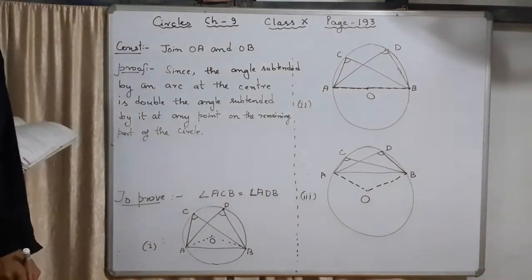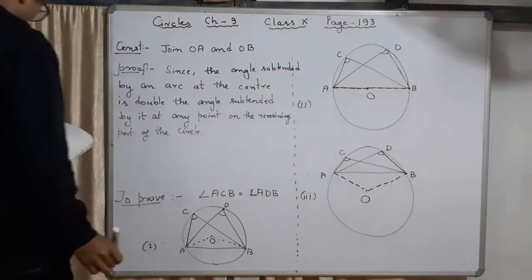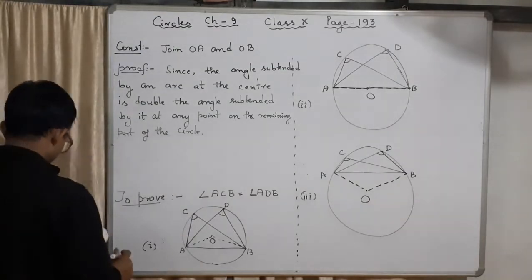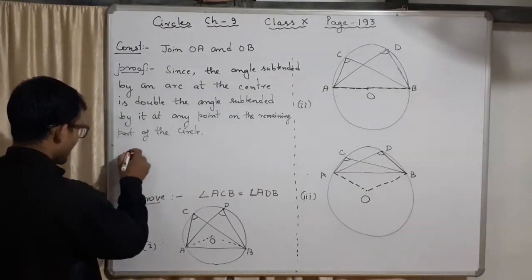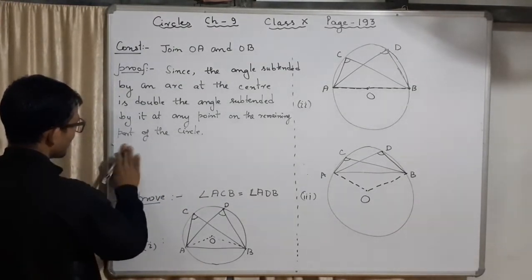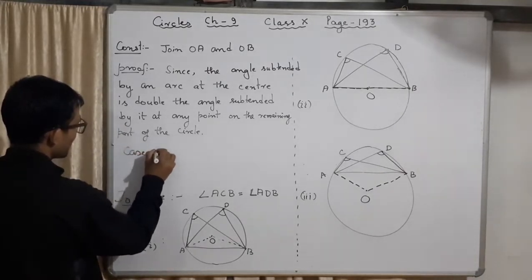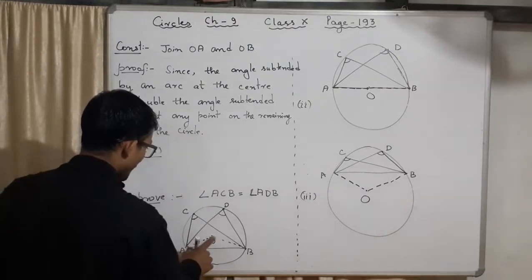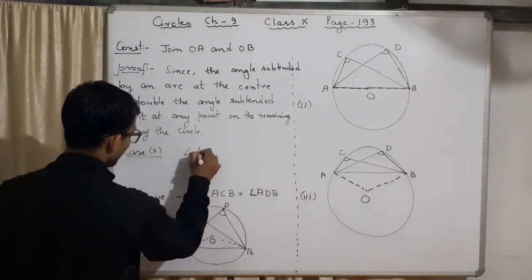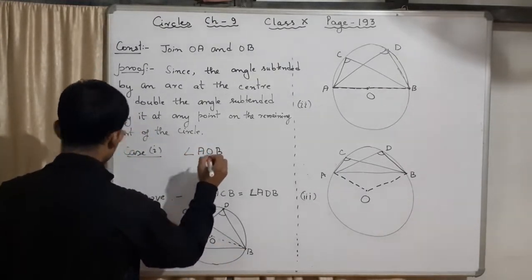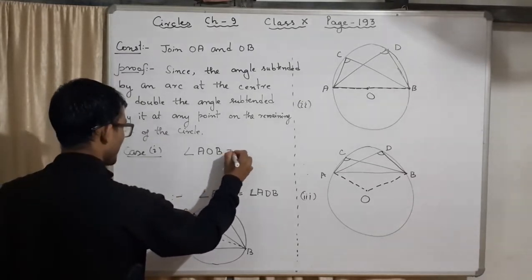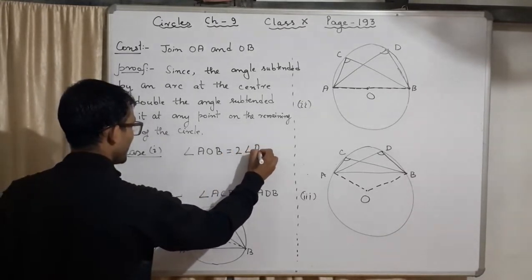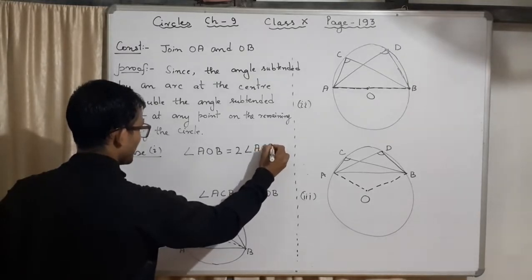Fine. So in this case, I'll write it case 1. What I can write is angle AOB has to be equal to 2 times angle ACB.